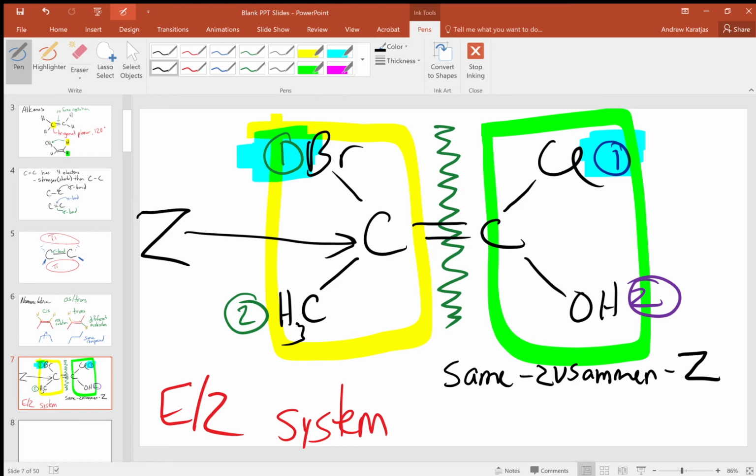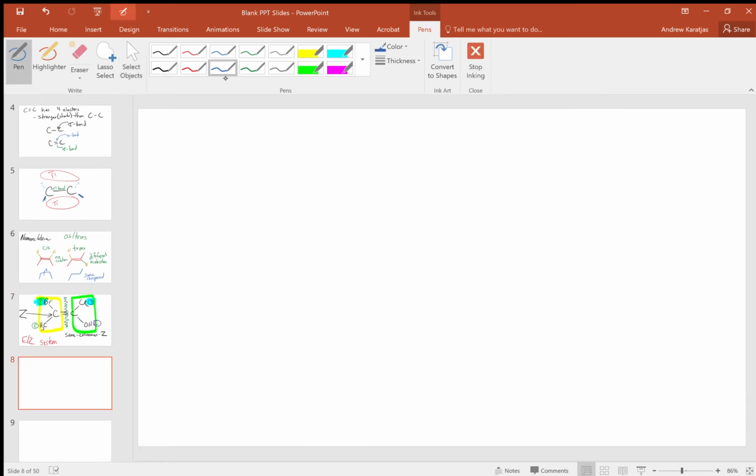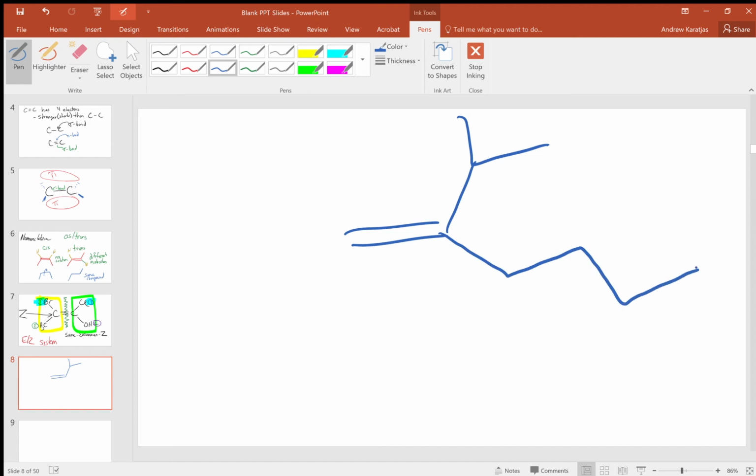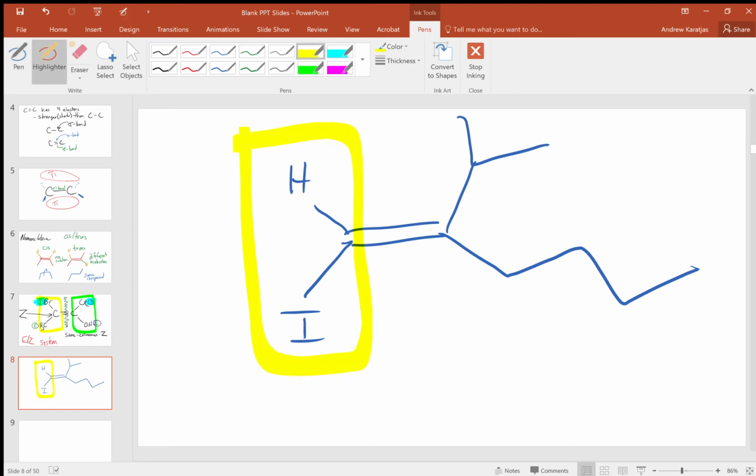Okay, let's look at another example. So let's do the left side first. We have iodine and we have hydrogen. Well, we know that hydrogen is always lowest priority. And iodine, of course, has much higher atomic number than hydrogen. So we have 1 here and 2 here.